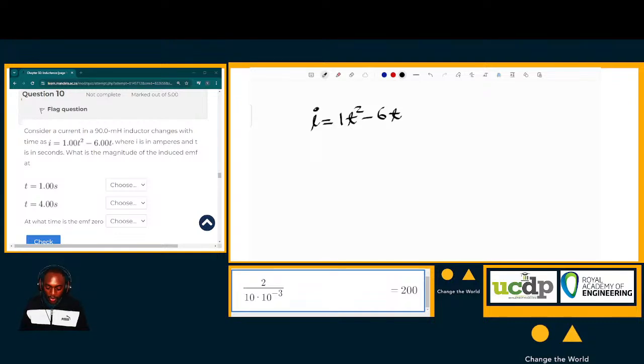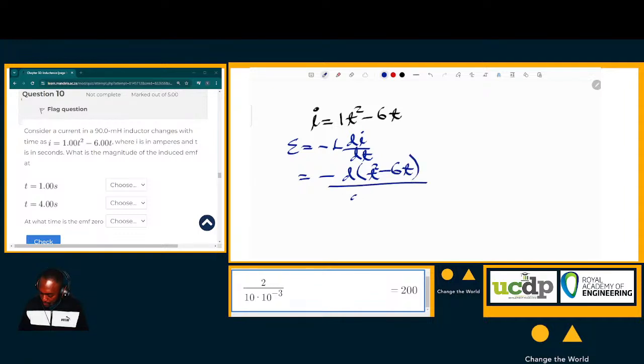Right, so to determine the magnitude of the induced EMF, remember we said E is equal to negative L di over dt. So this expression will then be d, differentiate that, over dt.